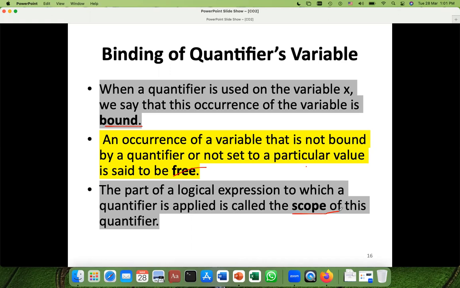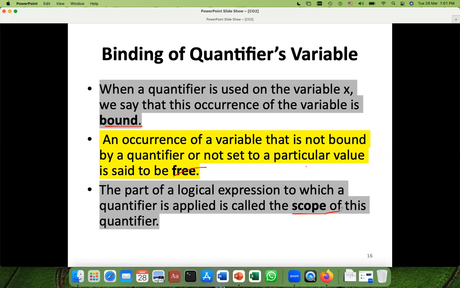In a mathematical equation, if you are using a variable and a quantifier with that variable, then it means that quantifier is bound to that variable.